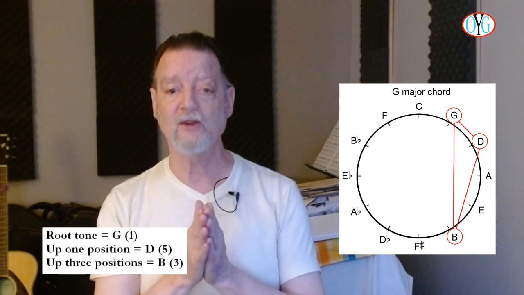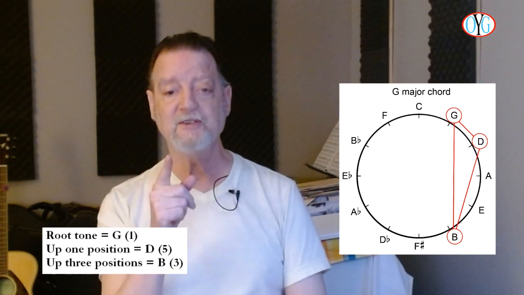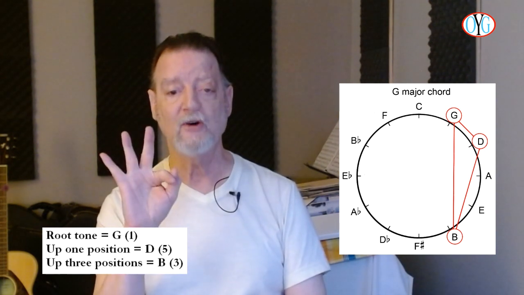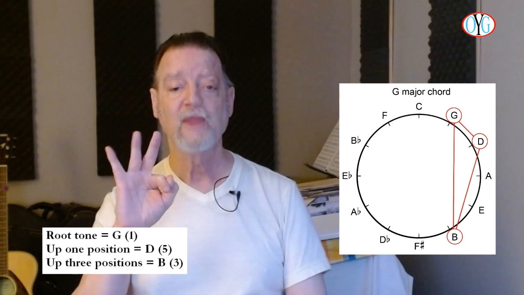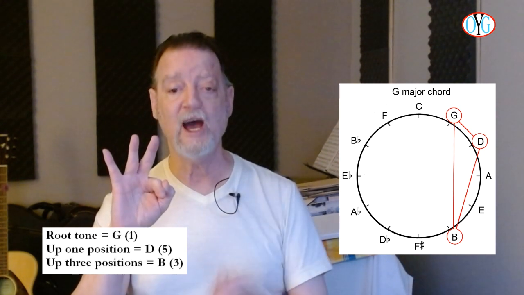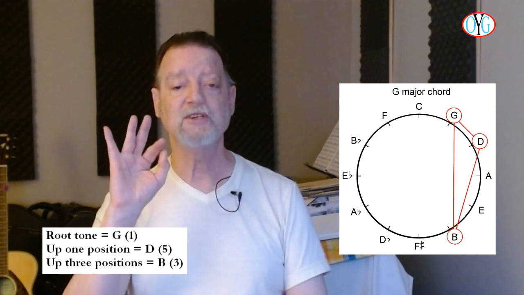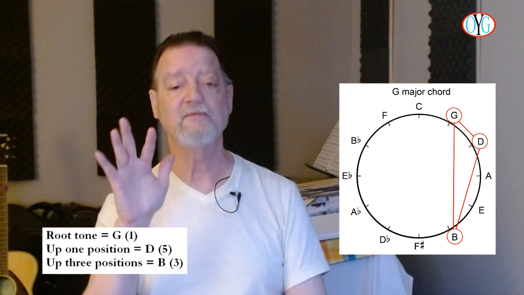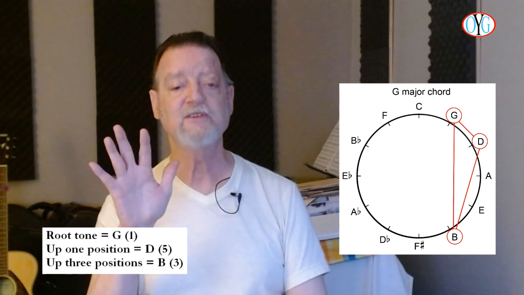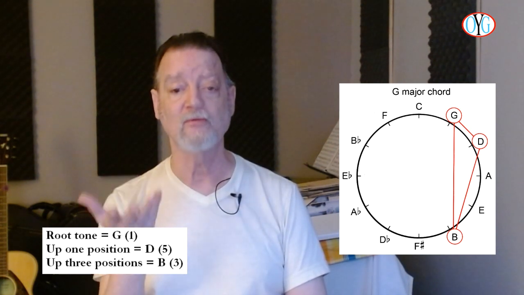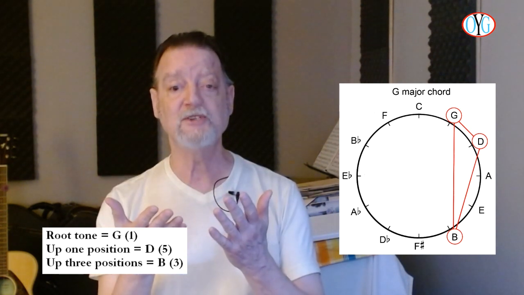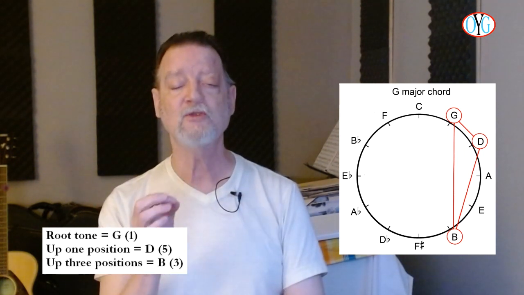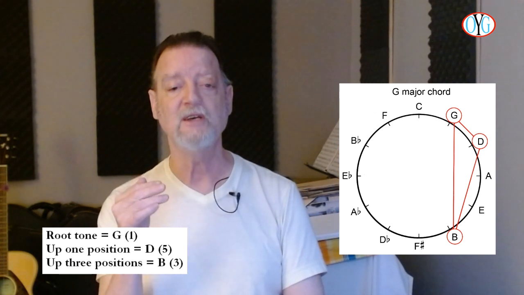Now, you can do this another way as well. Play the G major scale, starting with G, that's your key tone. Go up to the 3 tone, which you know is a B, and we're in a major chord, so it's B natural. Go up another 2 positions to the 5, you know that's a D. That's the dominant tone of the scale and the 5 tone of the G major chord. So when you play your G major chord, wherever you play it on the fretboard, you're just going to be playing G's, B's, and D's.